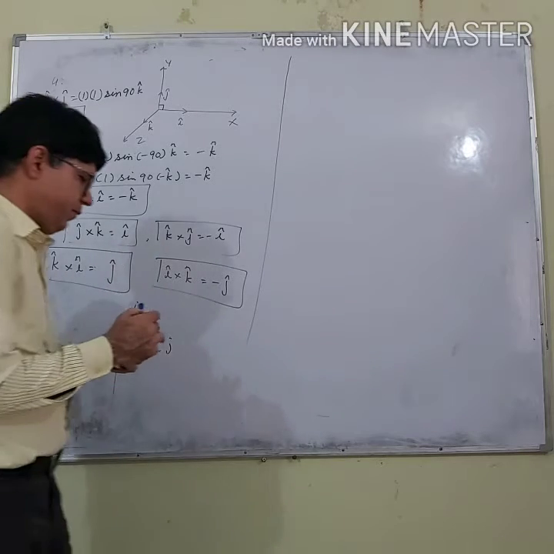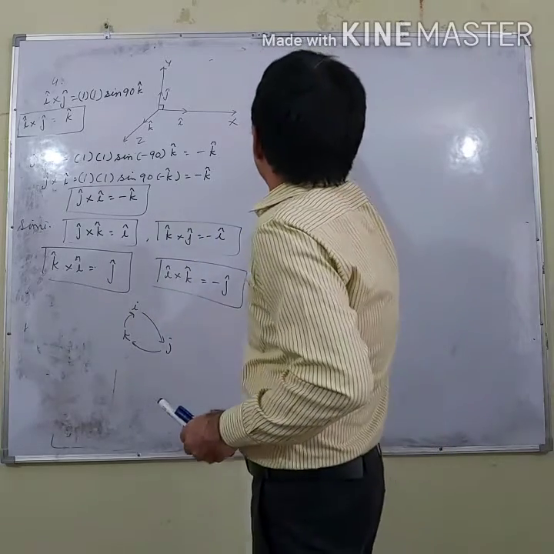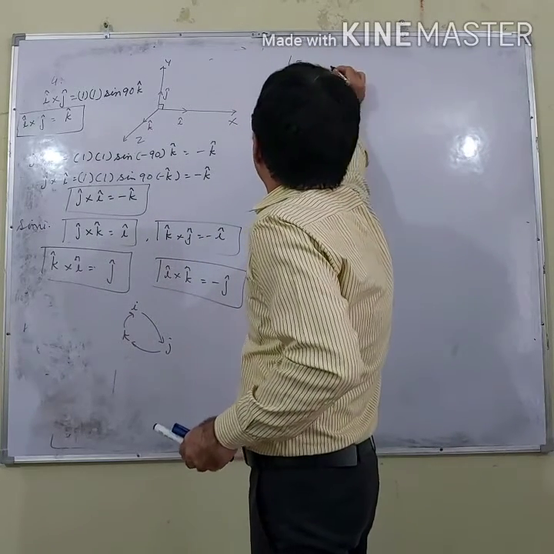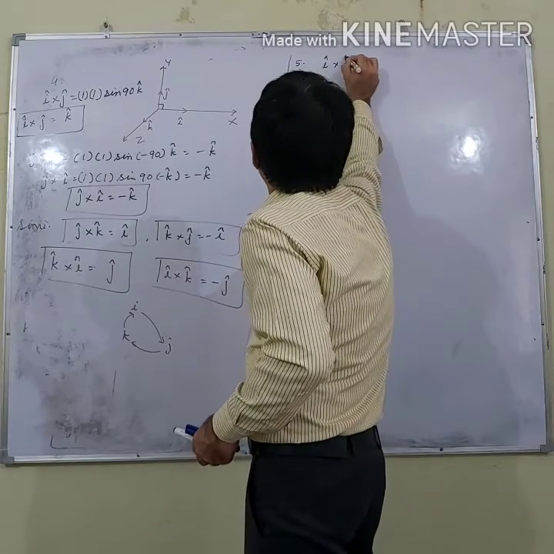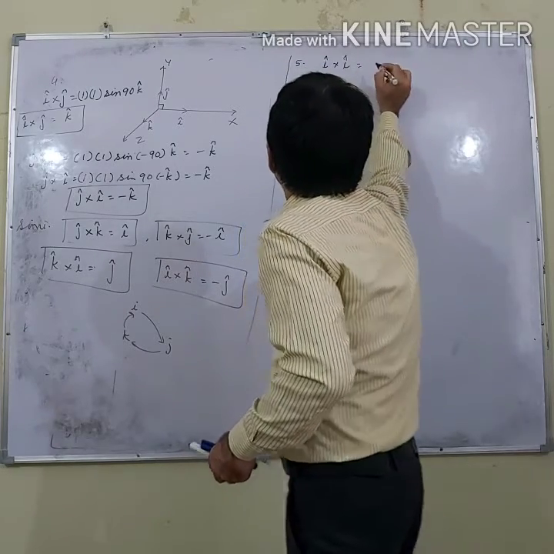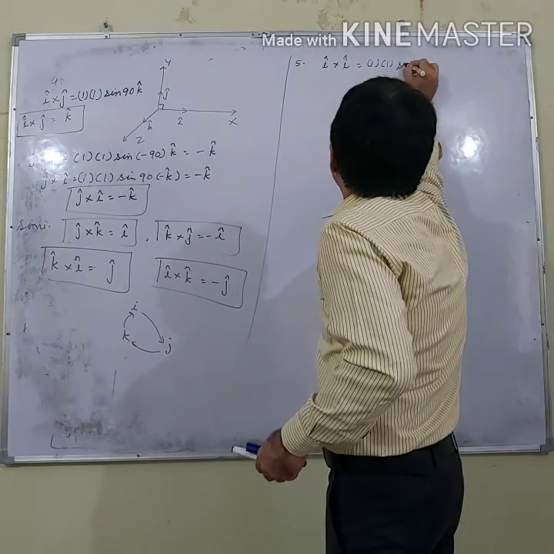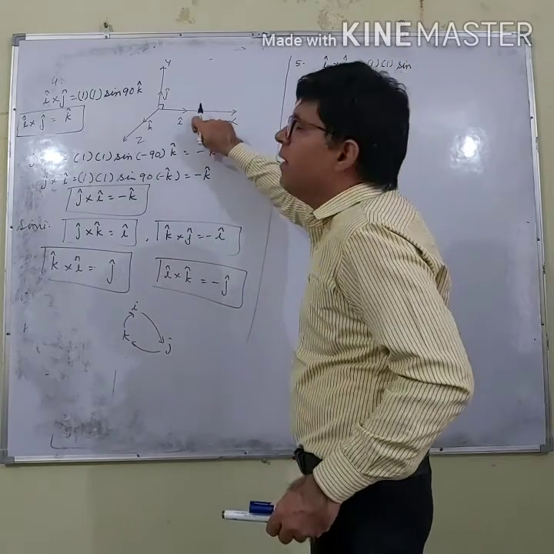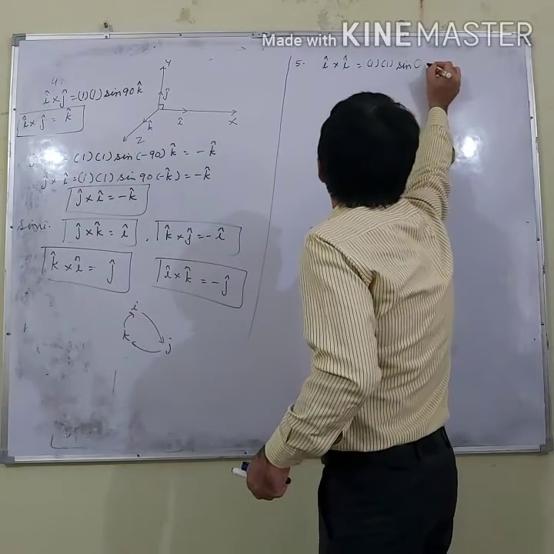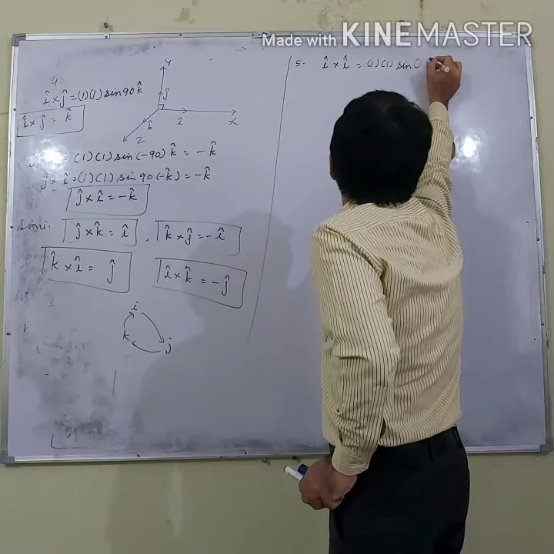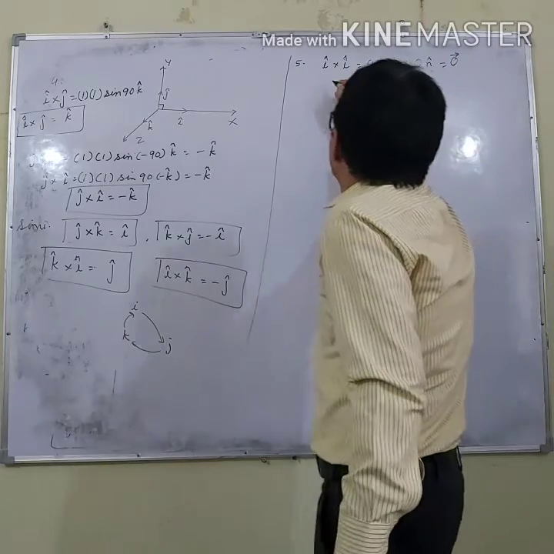Let's move to the fifth point. If I say i cross i, magnitude of i is 1, magnitude of i is 1. What is the angle between the i vector and the i vector? 0. And n cap is a unit vector perpendicular to this, so the answer is the zero vector.